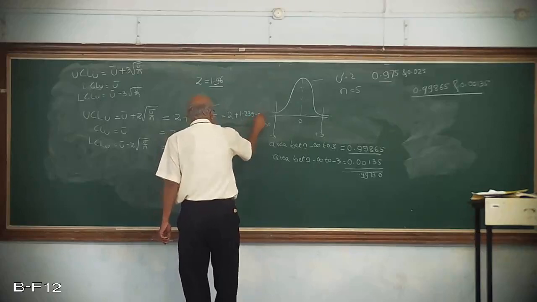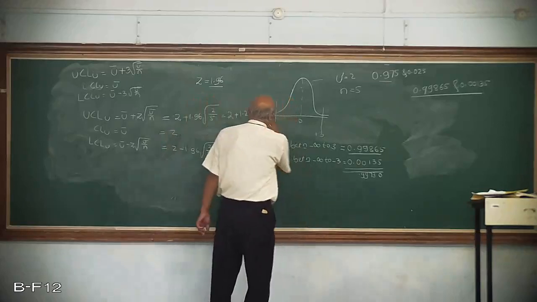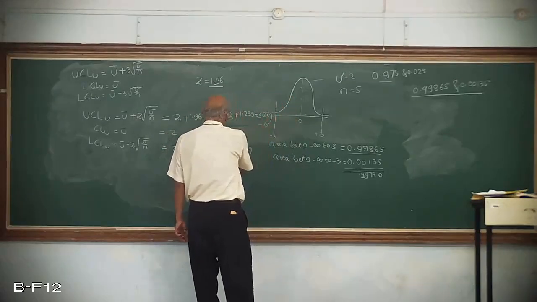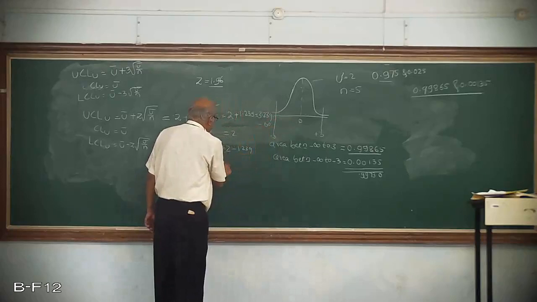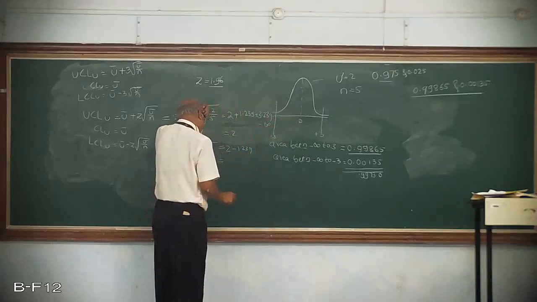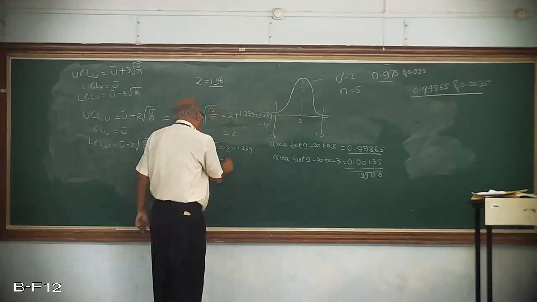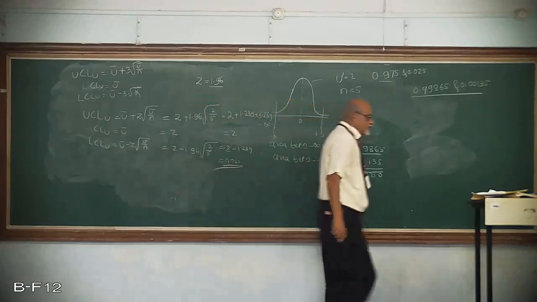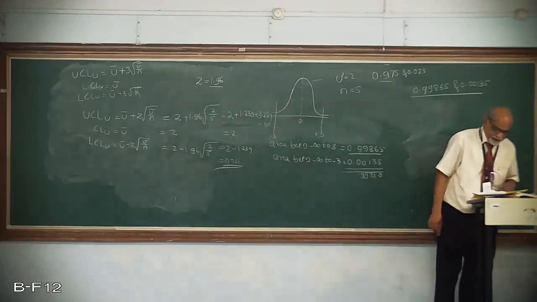So this works out to be 3.239. The central line is 2, and the lower limit is something around 0.761. This is what we are going to get.